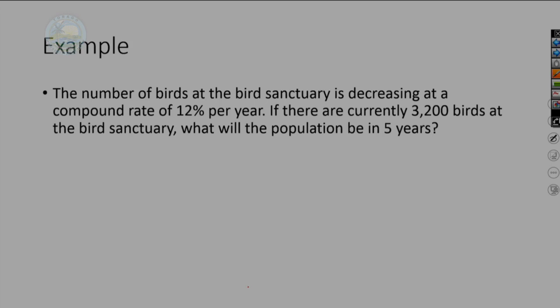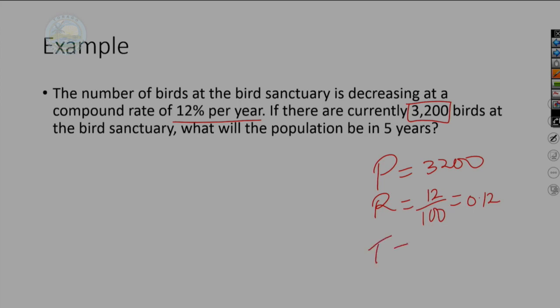Here we have our current amount, like our principal, which is 3,200. Our rate is 12% per year, so 12% is 0.12 as a decimal. What would the population be in 5 years?